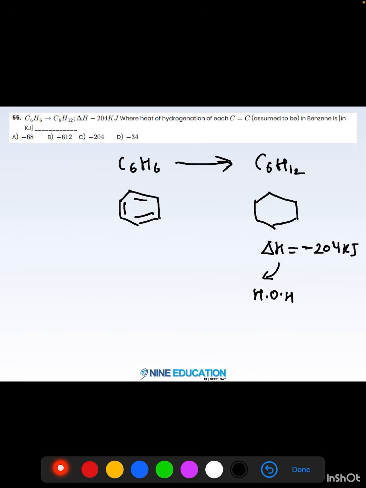Also in benzene we are having a total of 3 double bonds which are getting hydrogenated. So heat of hydrogenation for one C double bond C would be minus 204 divided by 3, because we are talking about each C double bond C. Then the answer should be minus 68 kilojoule, right? So option A would be the correct answer here.